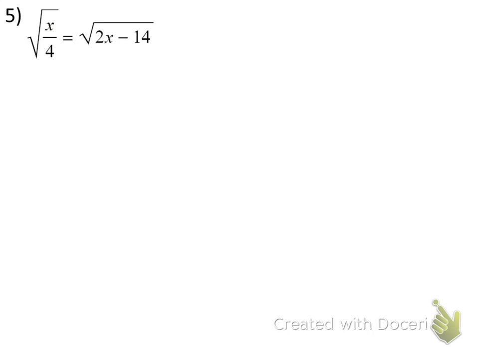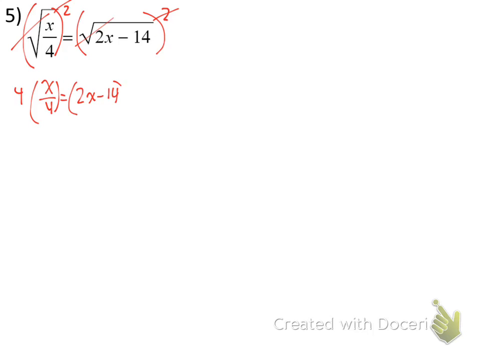Okay, so in this example, you should have squared both sides, of course, because there's a square root on each side. We want to get rid of it. Cancels out. So we get x over 4 is equal to 2x minus 14. Multiply both sides by 4. So we got x is equal to 8x minus 56.